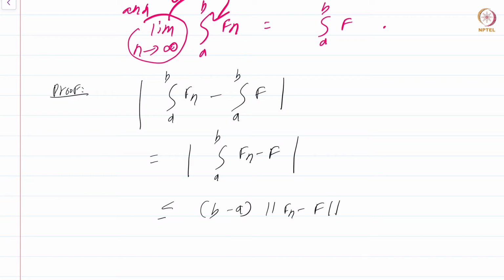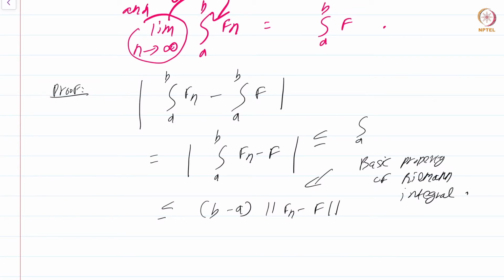This is just a basic property of the Riemann integral. Tacitly I am using the fact that this is less than the integral from a to b of mod fn minus f. After that, I get this in an easy way.